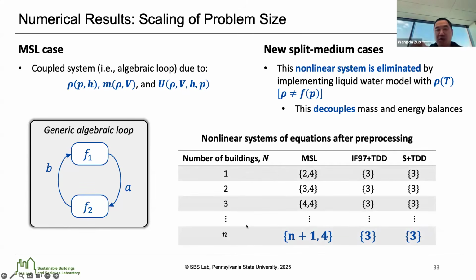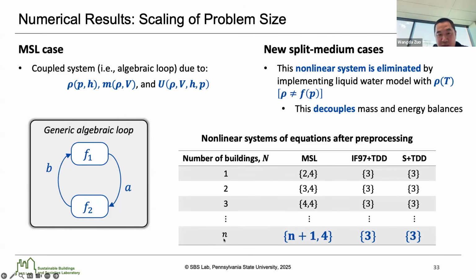So you guys, when you do the Modelica modeling, when you translate your Modelica model, you're going to see a message window telling you about the nonlinear systems, if you pay attention to the message window. For example, for the MSL design library, if one building, it's 2, 4, that's the number of nonlinear equations.